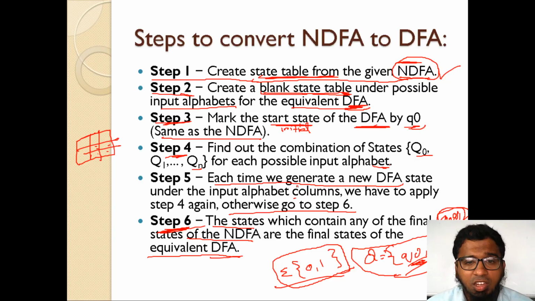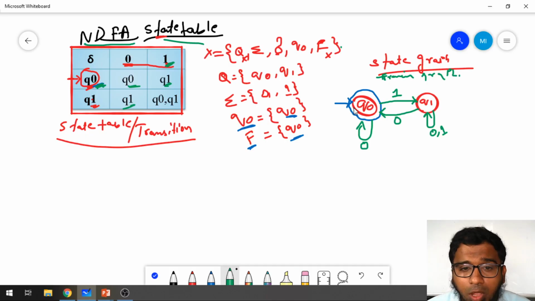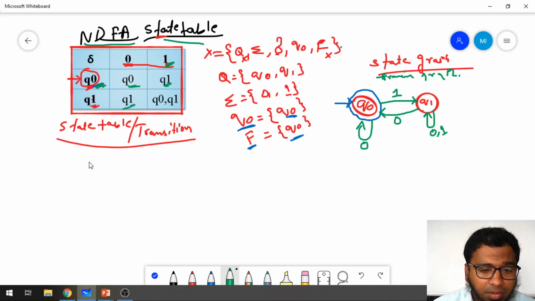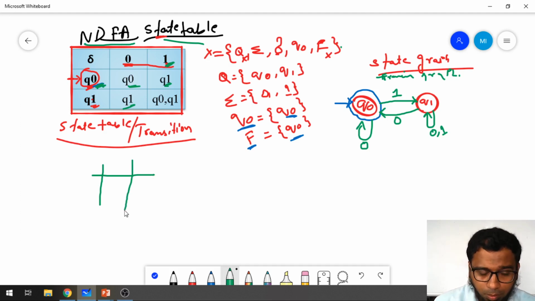Now, we will see the next thing, step 2: create a blank state table under possible input symbols for the equivalent DFA. So, let us draw that.